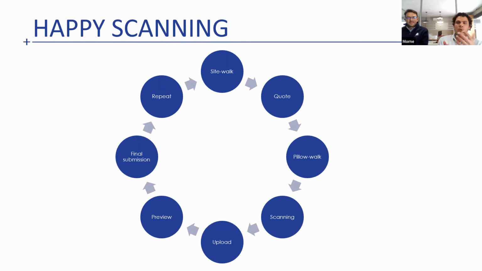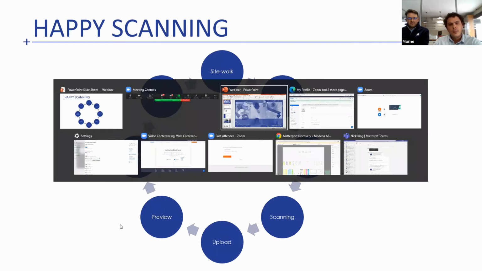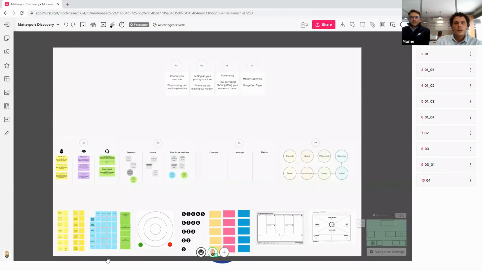Now, something I also want to mention is that when we do our demos, we like to do what is called a discovery session. That is where you come and sit with us and we set up this nice little mural.